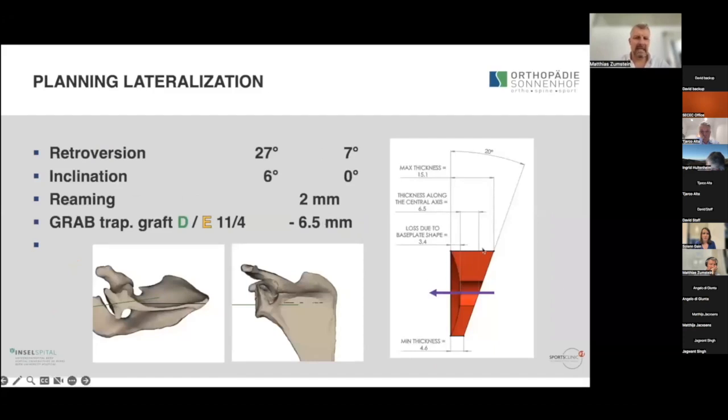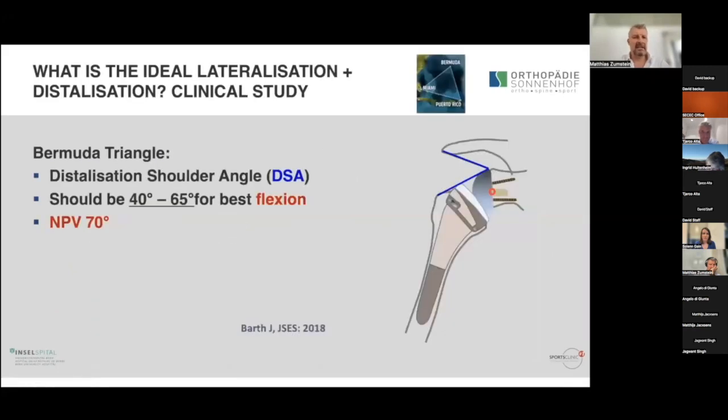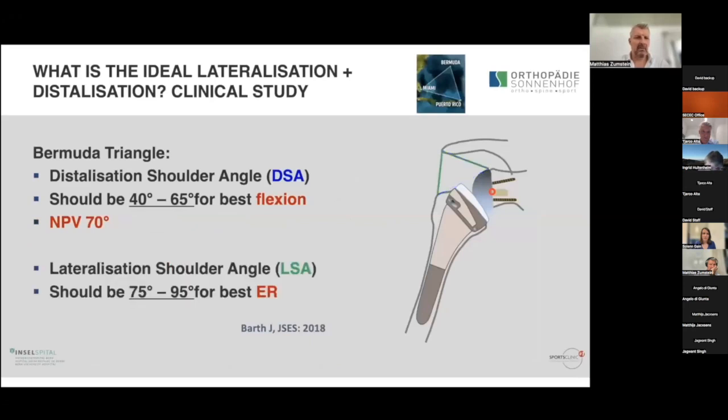That gives me this planning of a graft on the three-dimensional planning, where I correct the retroversion, the inclination, and I read 2 millimeters. Additionally, I can plan how much I want to distalize and, of course, lateralize, because if I distalize too much, there is a negative predictive value that you may decrease the function because you over-tension the joint.